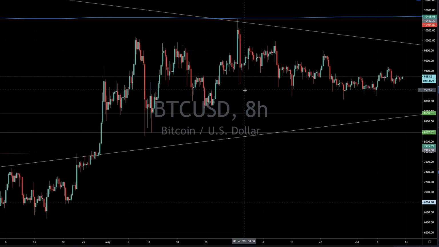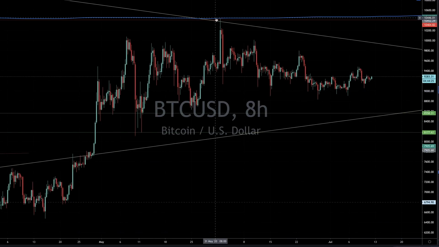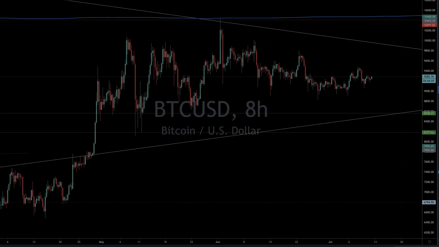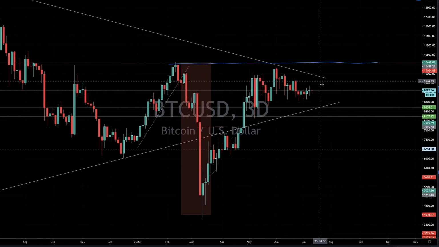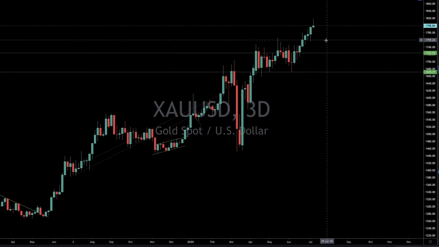That's the challenge of 10,400 again, as it did back over here in the beginning of June. And when it breaks above that, that will be setting off the bull market here on Bitcoin. Until then, it continues to consolidate well. It's not following through like we're seeing on gold right now.